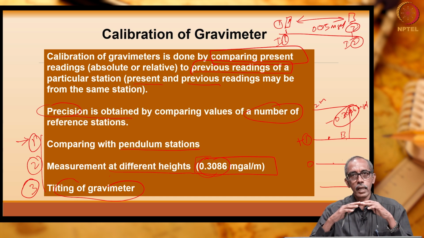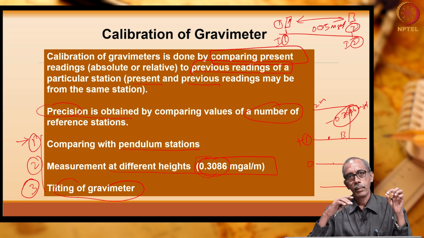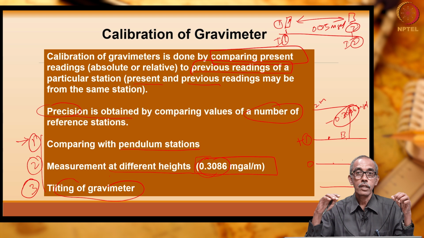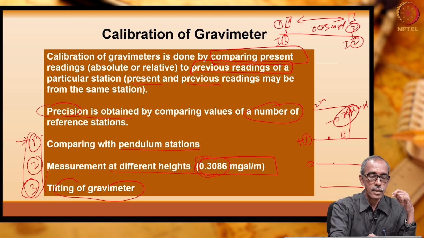When will we do the calibration? Calibration is always done just before commencing our work. Preferably, if you had planned to carry out the gravity survey today at 7 o'clock, start your calibration process before and check whether everything goes well. Or the previous day we can complete the calibration, and next day before taking the instrument to the field, make sure it is properly calibrated by doing these checks.